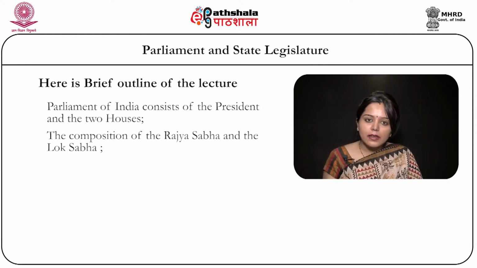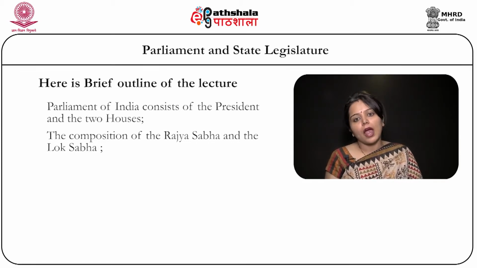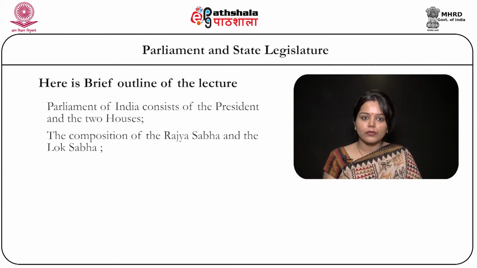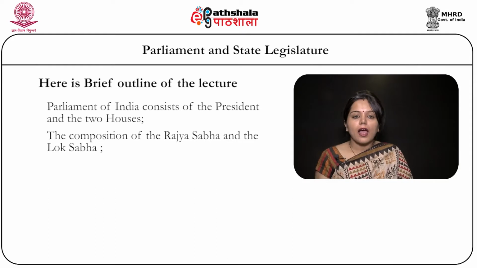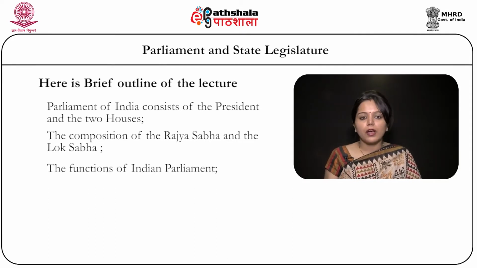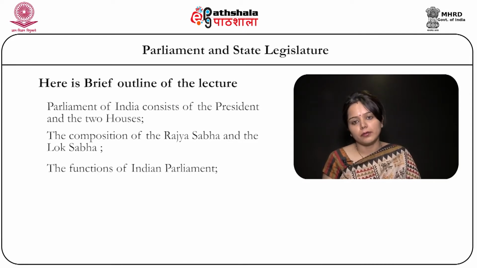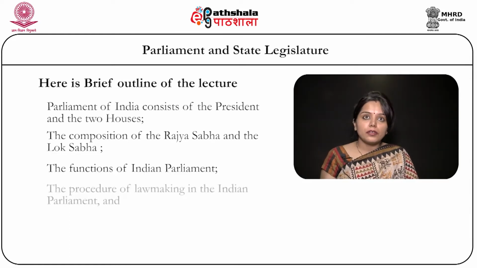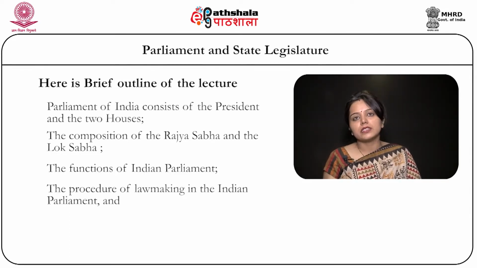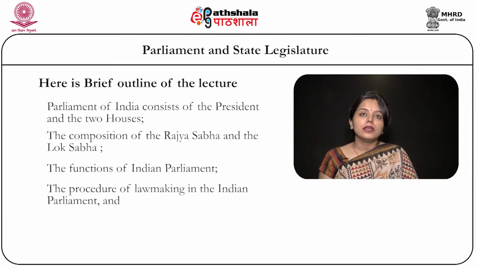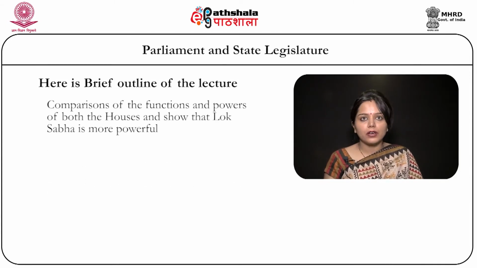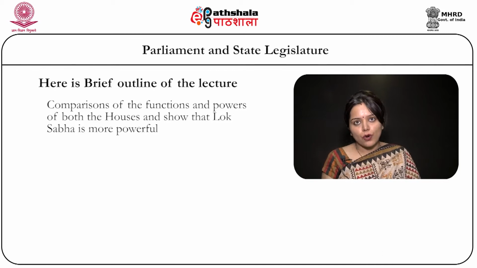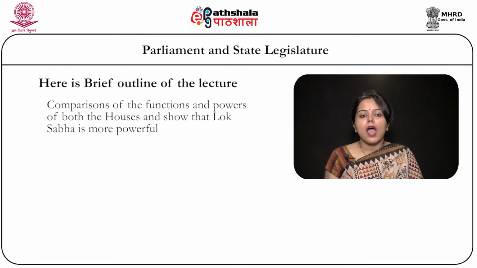I will describe the composition of Rajya Sabha and the Lok Sabha, which are the two houses of the Parliament. Then I will explain the functions of the Indian Parliament with the procedure of lawmaking, and in the end I will compare the functions and powers of both the houses and show that the Lok Sabha is more powerful.